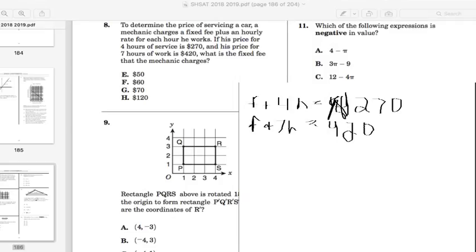So now that we've symbolized F is the fee and H is the hours, let me just make sure I have the right numbers. Oh, yes, I do. What we need to do is try to solve them both somehow. So if we work on the first equation, we get F equals $270 minus 4H.